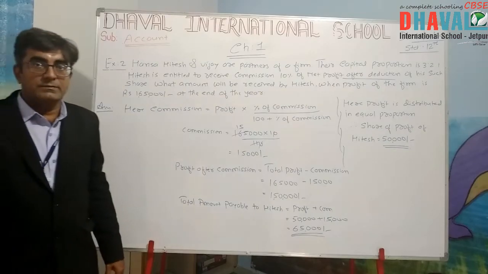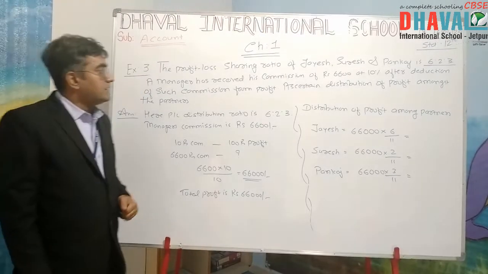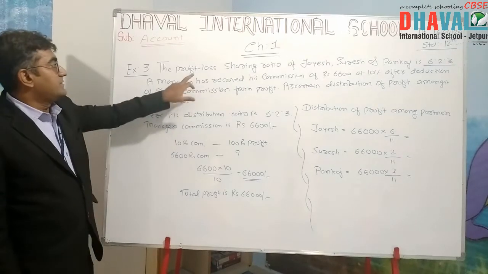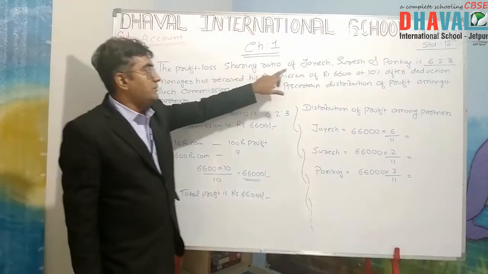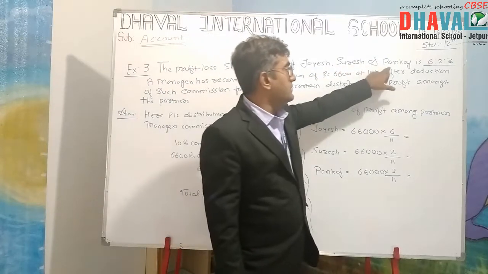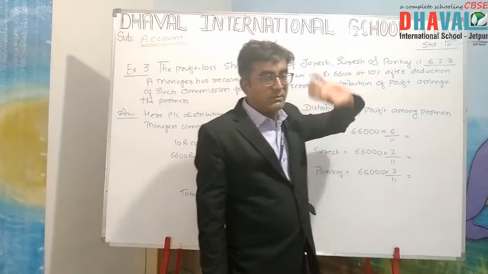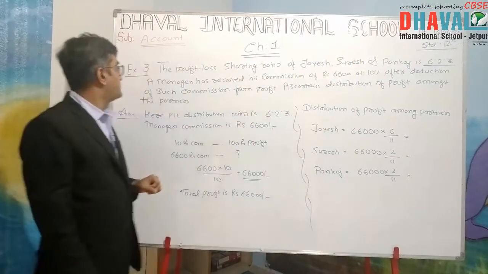Now next, okay students, now we start example number 3. First we see the question. The profit and loss sharing ratio of Jayesh, Suresh and Pankaj is 6:2:3. Always keep the ratio in your mind, because it is the main thing for the sum.